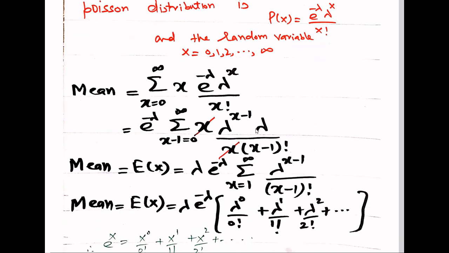So take lambda outside the summation sign: lambda e power minus lambda sum of x from 1 to infinity, because we cancel out the 0 term. Here we are left with lambda power x minus 1 over x minus 1 factorial.